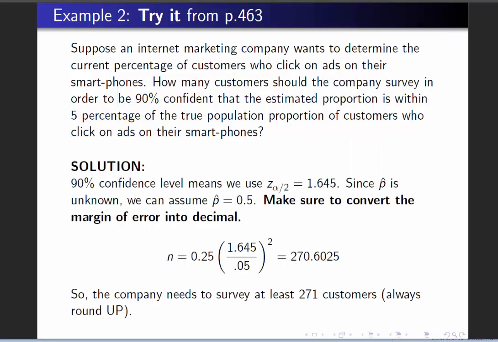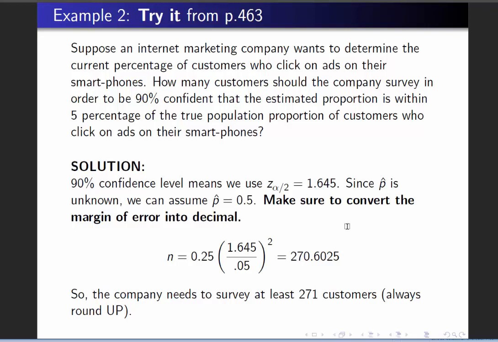Okay, so here's your solution. The 90% confidence level means we have this z of alpha over 2. Since p hat is not given, we assume it's 1/2. Make sure to convert the margin of error into a decimal. That is very important. Let's say you have 15%, you would be putting 0.15.